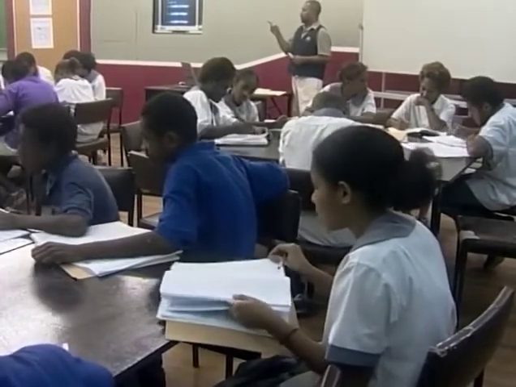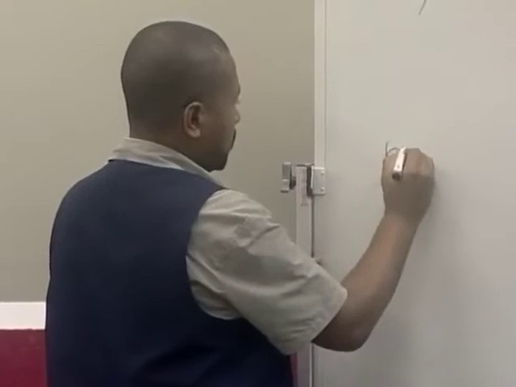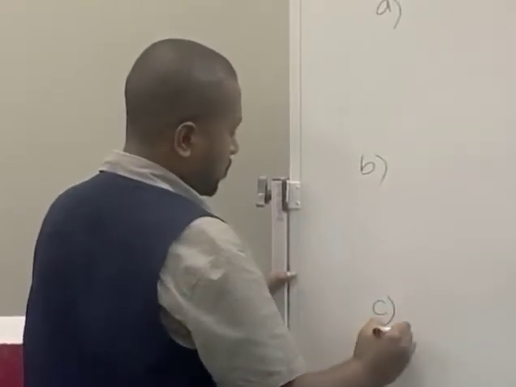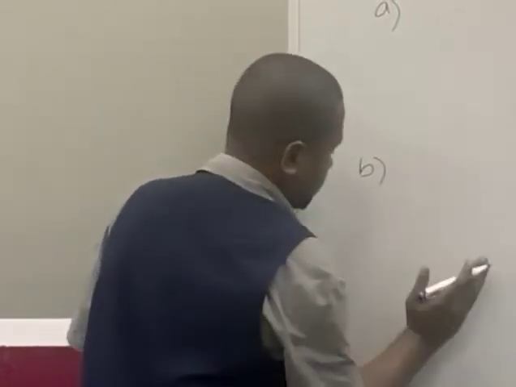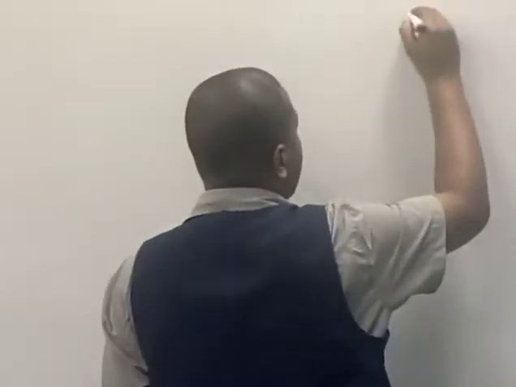Okay, group 3, any member, you come up and write your answer for A, a regular pentagon, and explain how you got the angle sum of the pentagon. Show your working out as well.